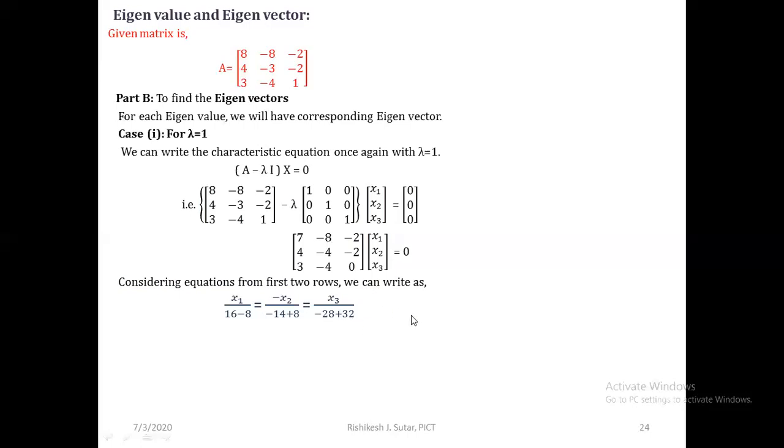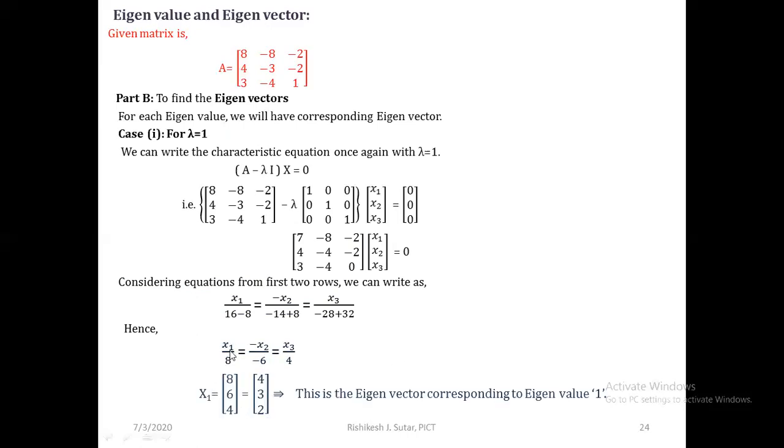So further we can simplify as x1 upon 16 minus 8, that is 8, minus x2 upon minus 14 plus 8, that is minus 6, x3 upon 28 plus 32, that is 4. So what I got is x1 upon 8, this minus minus will become plus, so it is x2 upon 6 and x3 upon 4.